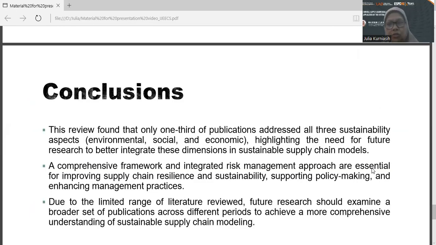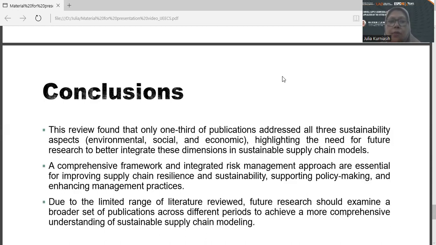And the conclusions of my study. This review found that only 1/3 of publications address all three sustainability aspects, highlighting the need for future research to better integrate this dimension in sustainable supply chain models.